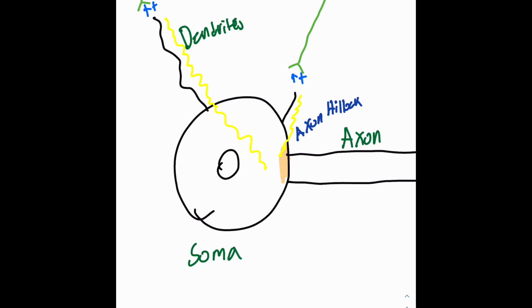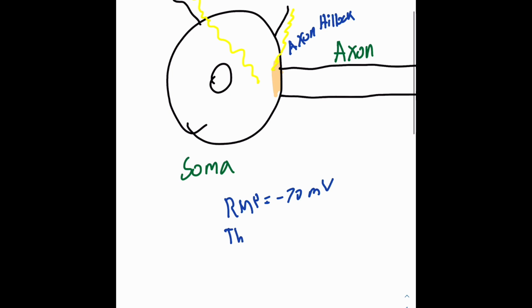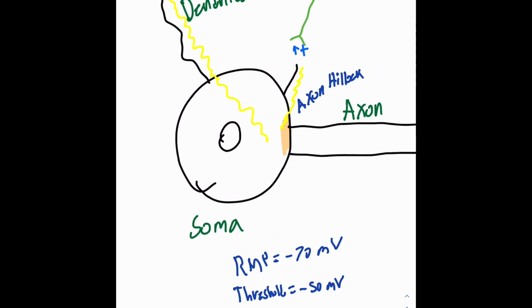In this region, we have a resting membrane potential of, let's say, negative 70 millivolts, but its threshold is, let's say, negative 50 millivolts. So the electric current is able to connect with this axon hillock, and if the electrical charges are able to bring the voltage up to negative 50 millivolts from negative 70 millivolts, then we can have an action potential.